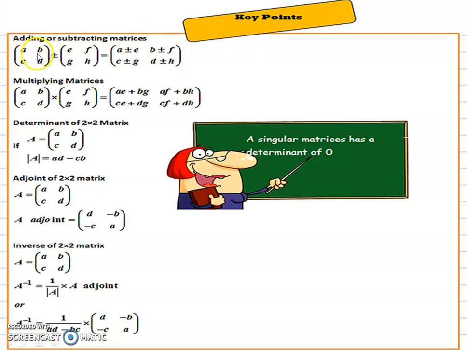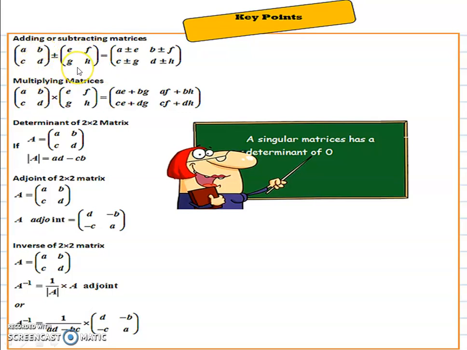That is, if A, B, C, D is the first matrix and E, F, G, H is the second matrix, it has a first row and second row, first column and second column.